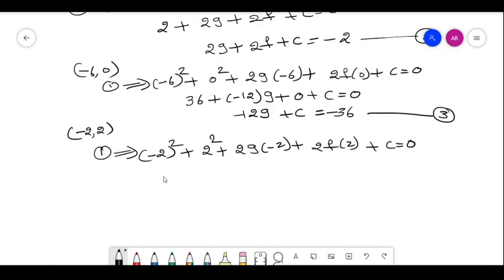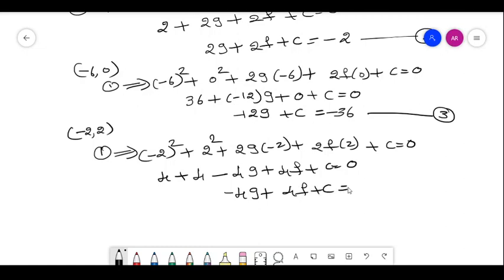Minus 2 whole square is 4 plus 2 square is also 4. 2 into minus 2 is minus 4g, plus 2 twos are 4f, plus c is equal to 0. Next, minus 4g plus 4f plus c is equal to minus 8, 4 plus 4, 8 transposing that side. Again, this is the fourth equation.